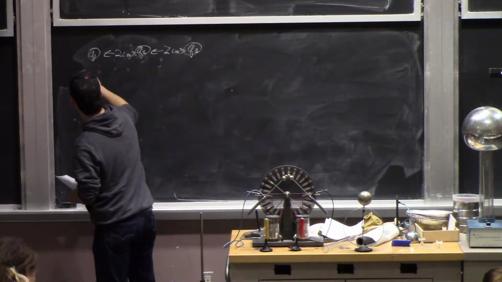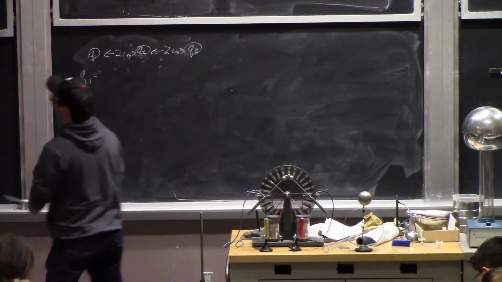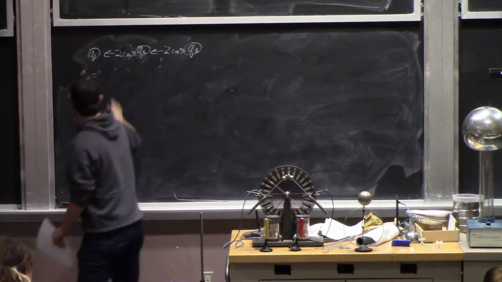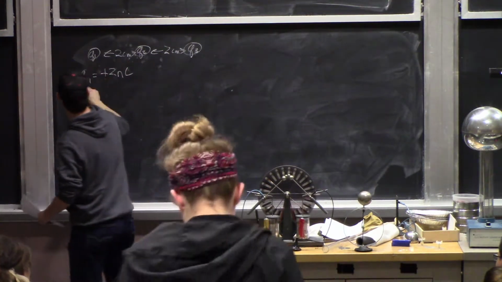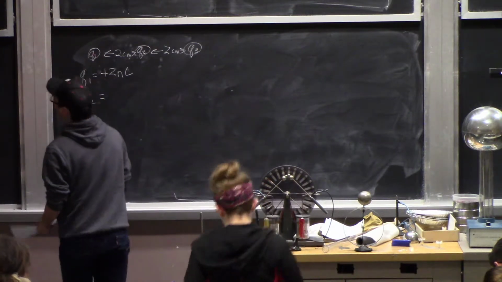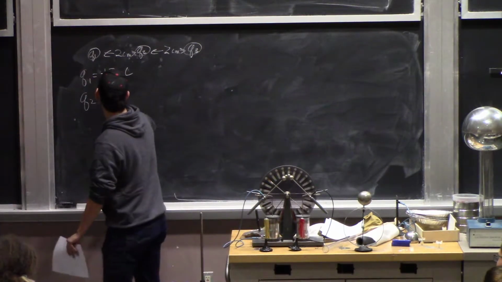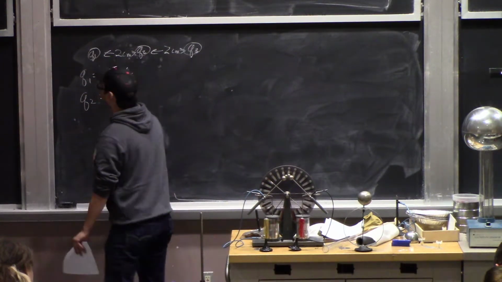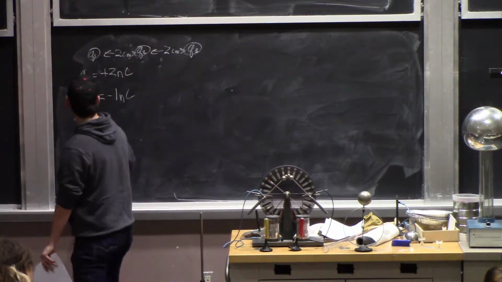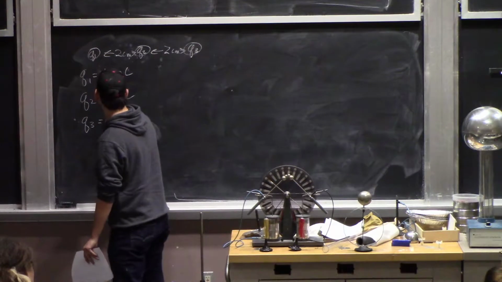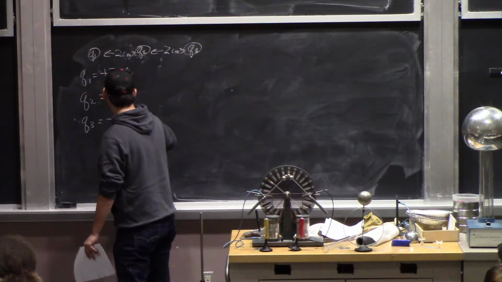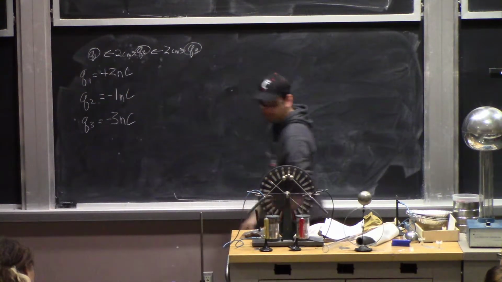Now Q1 is going to be a positive charge, equal to plus 2 nanocoulombs. Q2 is, I believe, a negative charge, so this is minus 1 nanocoulomb. And Q3 is also a negative charge. This is minus 3 nanocoulombs, okay?